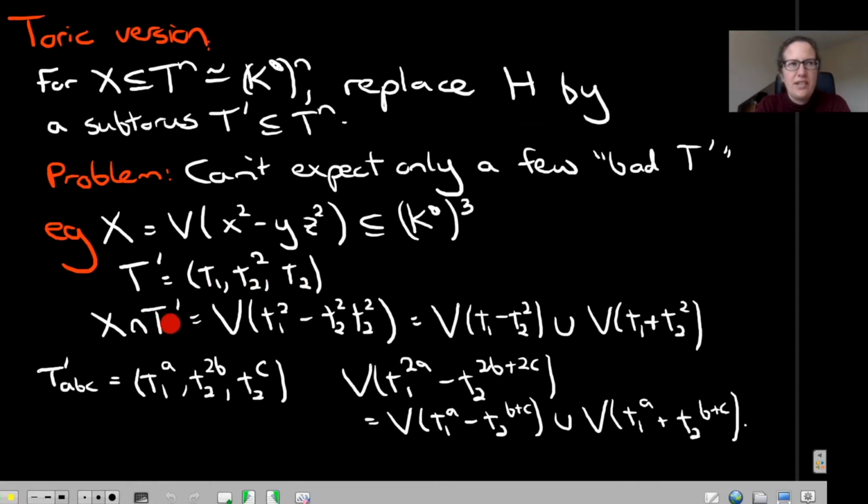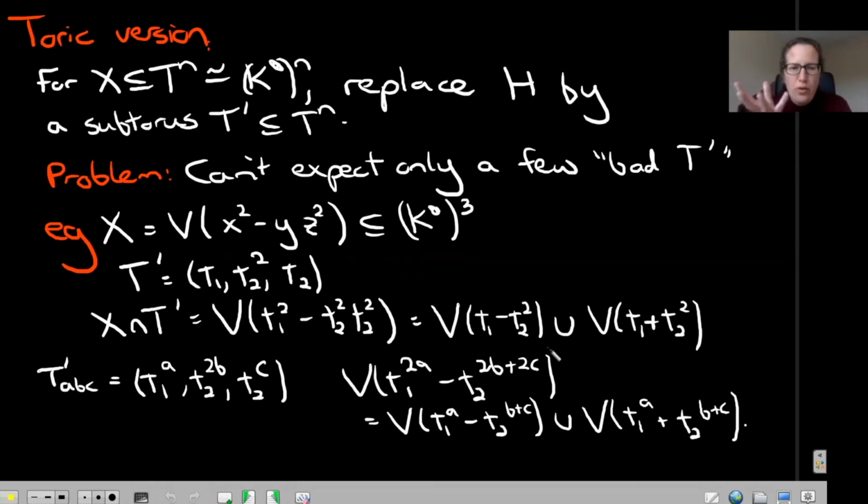Okay, so X intersect T' is just the variety where I plug in t1 for x, t2^2 for y, and t2 for z. And so I get t1^2 - t2^2 times t2^2, or t1^2 - t2^4. And this is just a difference of two squares. Okay, so I can write it as the variety of these two other smaller, a subtorus and a coset of a subtorus.